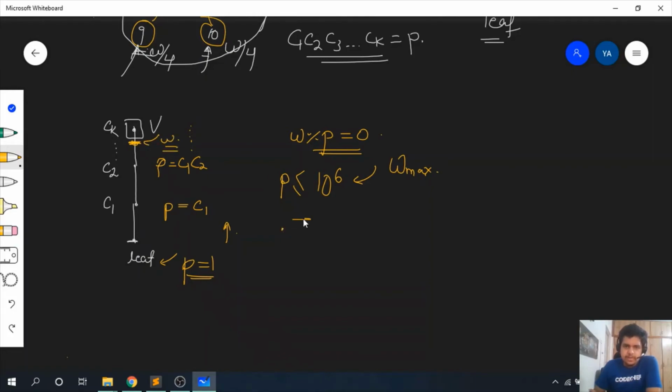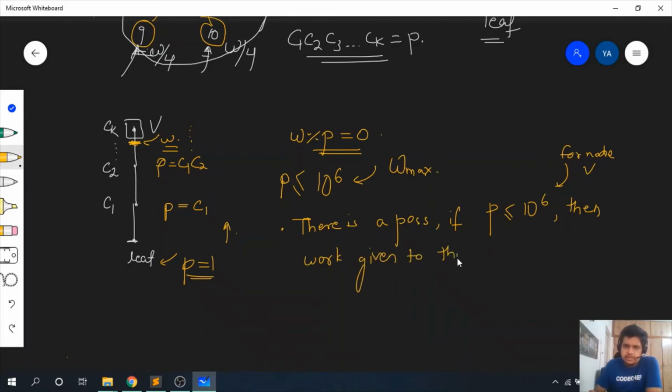So there is a possibility: if P is less than or equal to 10^6, then for a particular node B, work given to this node ends up at a particular leaf.